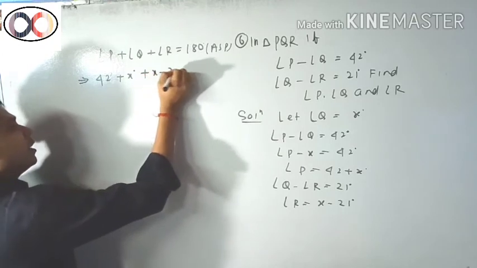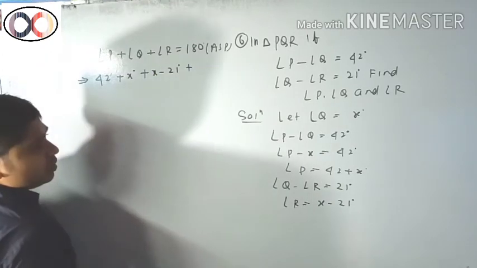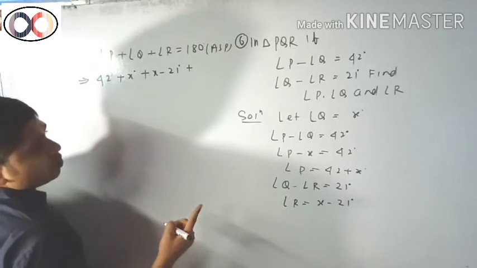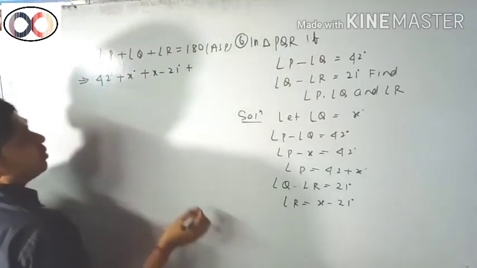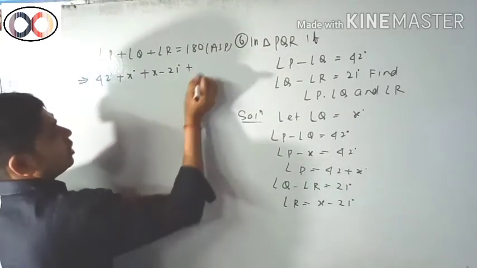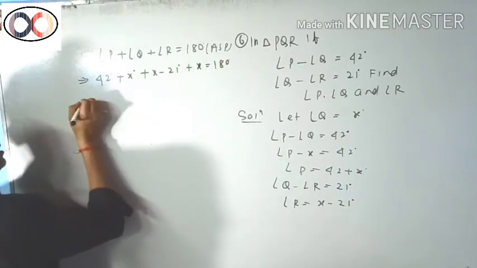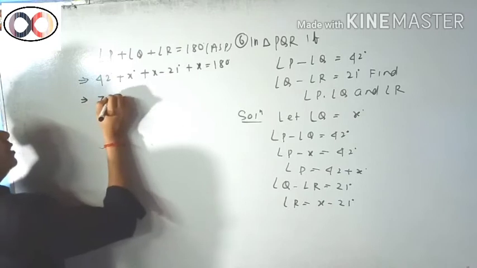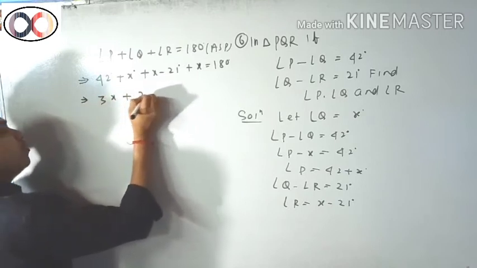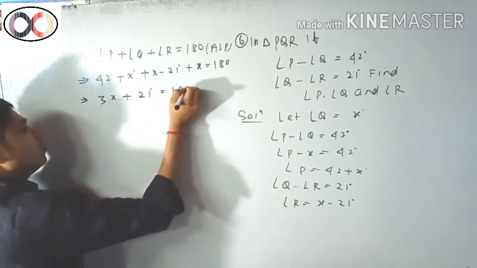So after adding you will get 3X plus 21 degrees equals to 180 degrees.